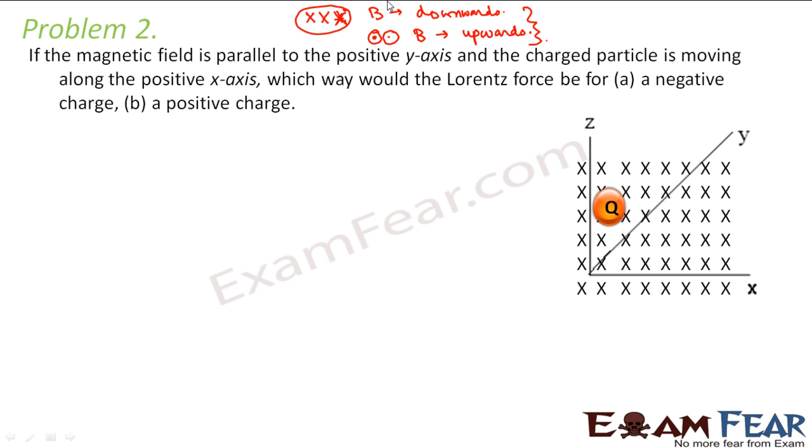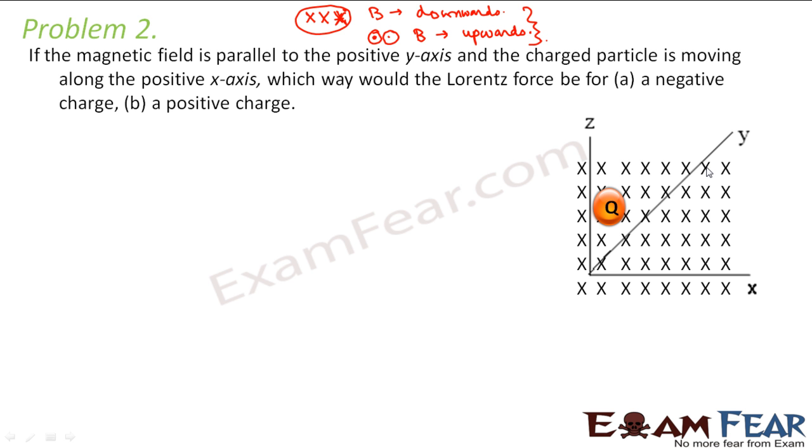So here it says that the magnetic field is parallel to the positive y-axis. Parallel in the sense the magnetic field is either acting downwards or upward, because it has to be perpendicular to the plane. As I told you before, the cross product of velocity and magnetic field means that they are in one plane.